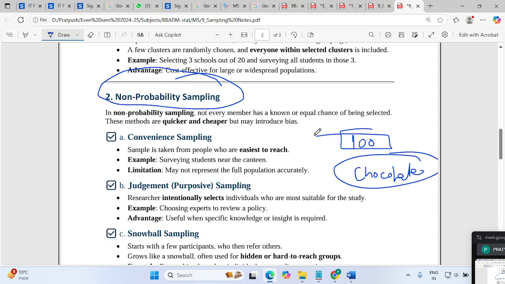Now, one way to do this survey is simply going to your friends and your family members. You go to your family, you go to your friends nearby, and you get their preferences.